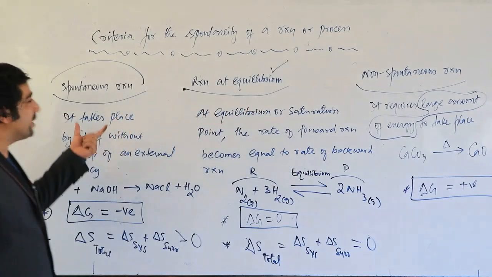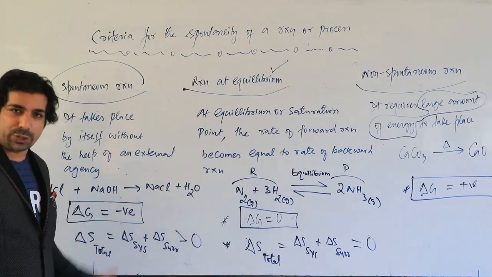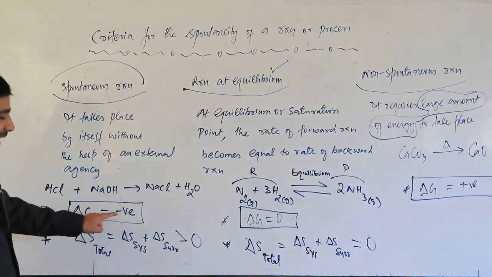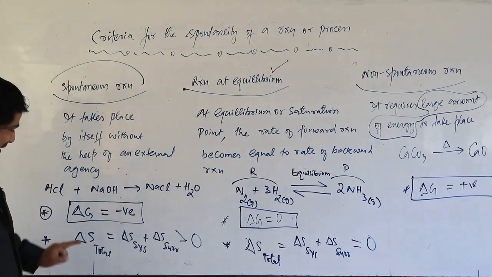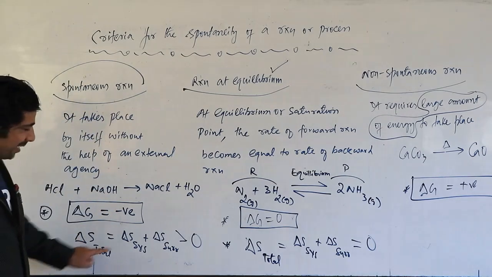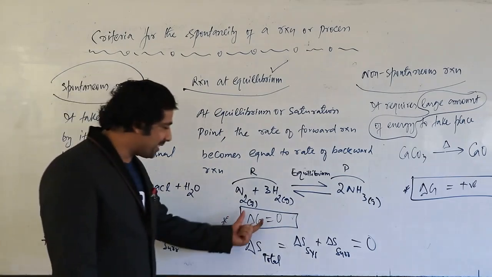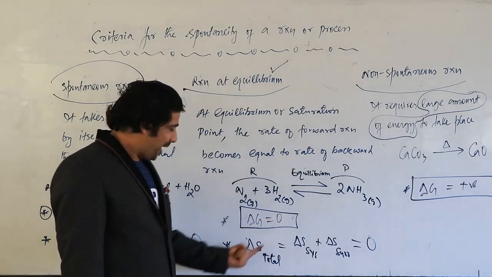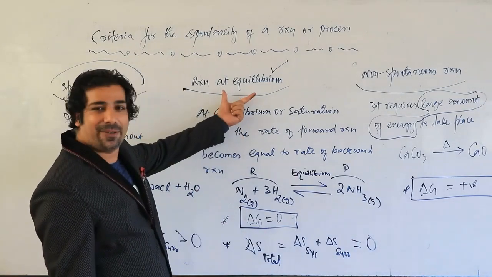For the process which is spontaneous, delta S total is greater than 0, that means positive. But delta G is negative. Remember, delta G is negative for spontaneous process, but delta S total is greater than 0, positive, for the spontaneous process. But here both are the same. Here delta G is 0, and delta S total is also 0, my dear friends, for the process at equilibrium.